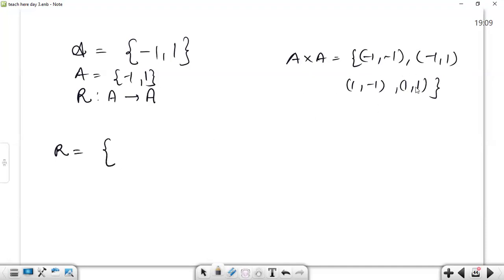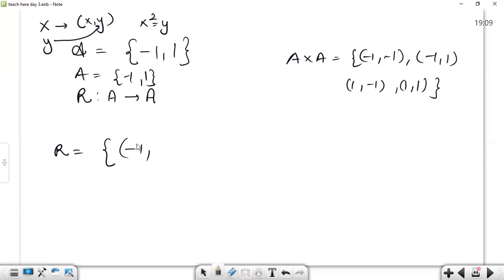Let's choose some elements from the Cartesian product in the pattern where x is the first element and y is the second element of the ordered pair. Simply learn them by this. So we are finding pairs where the second element must be equal to the square of the first. Let's take the first element as minus 1.